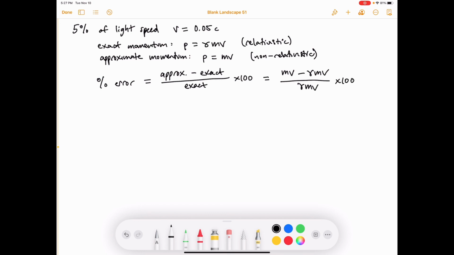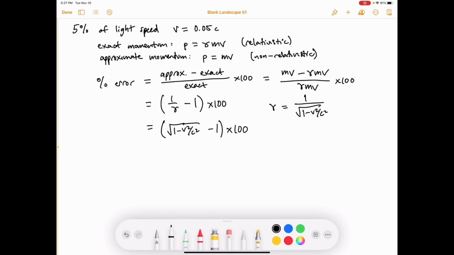So mv can just be canceled out across the board. So this would be 1 divided by gamma minus 1 times 100 after we simplify the expression. And remember, gamma is 1 over the square root of 1 minus v squared over c squared. So the error that we're looking at is the square root of 1 minus v squared over c squared, because that's 1 over gamma, minus 1 times 100.